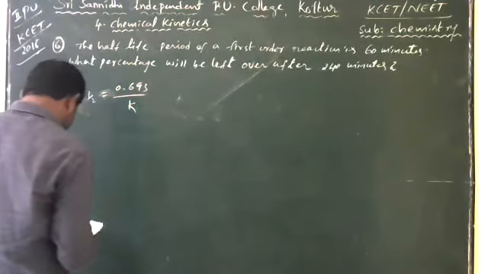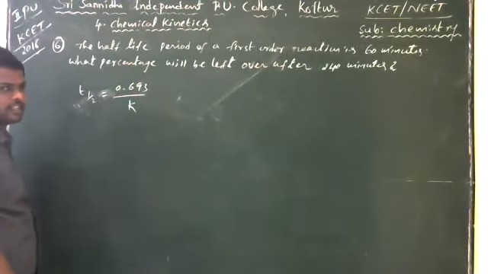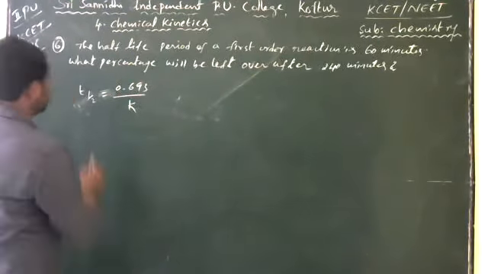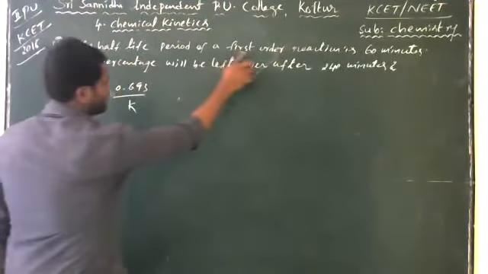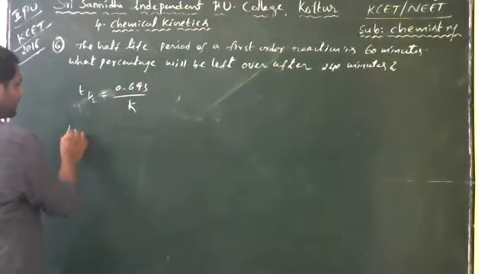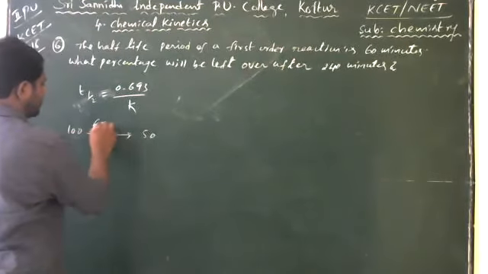Just look, the half-life period of a first order reaction is 60 minutes. Say total first 100 to 50 takes 60 minutes.